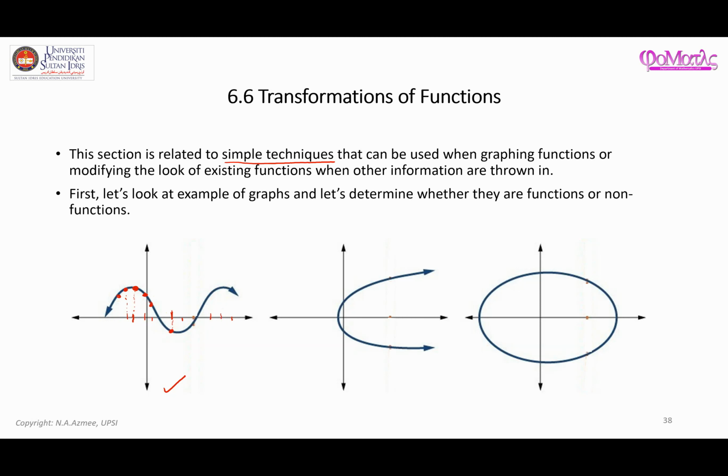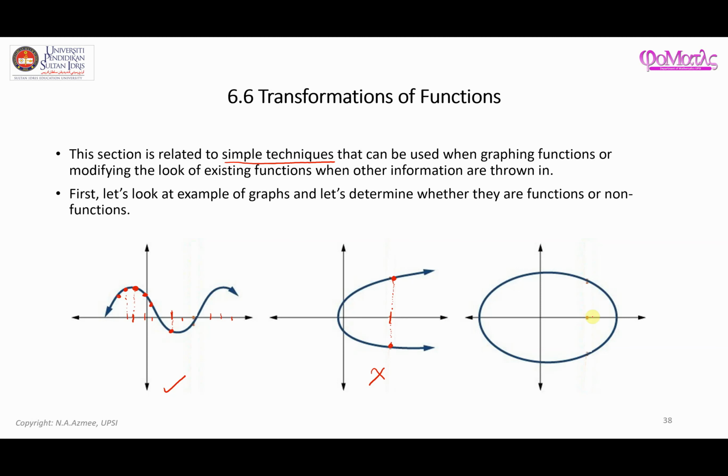Now for the second graph, if this is my input, then I have a problem of telling which one is my output because it is actually projected to two different points. So one is on this line and another one is on this line. So this is not a function.